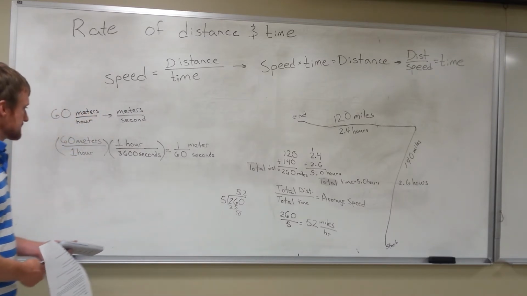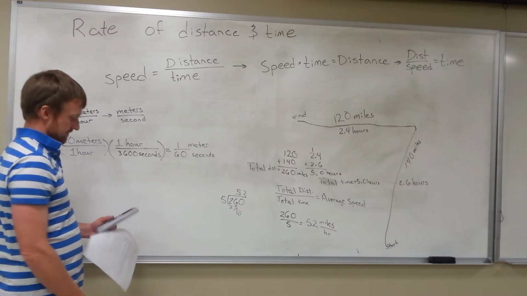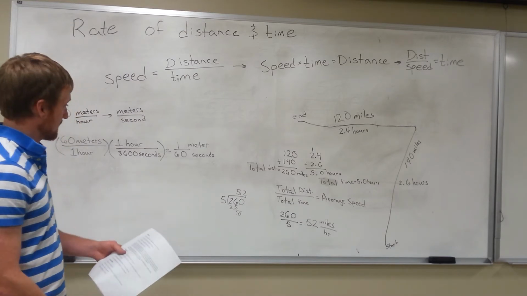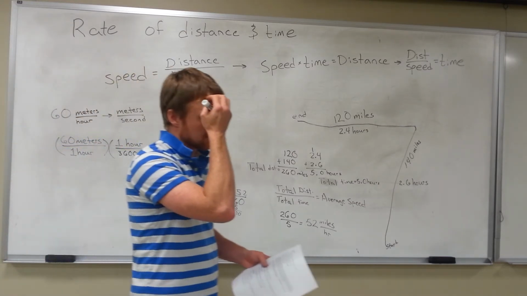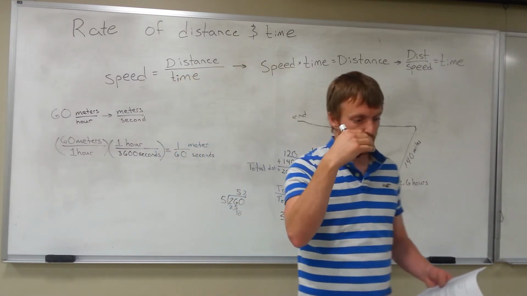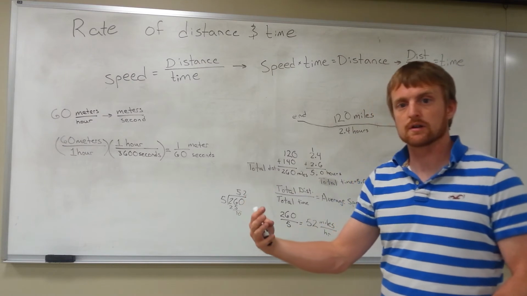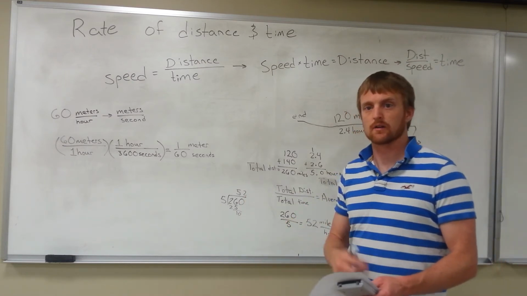All right. So 1 meter per 60 seconds. So that happens every time we convert from a period of hours to a period of seconds or minutes. The overall number is going to get smaller. Okay. The overall number should get smaller.